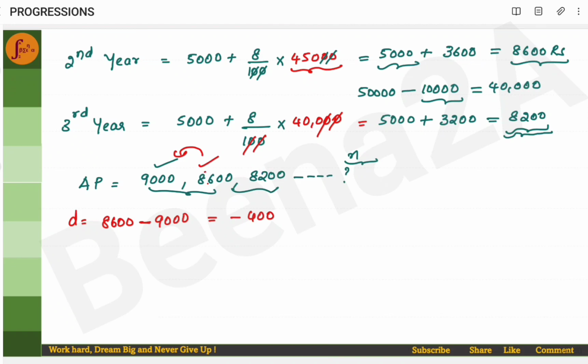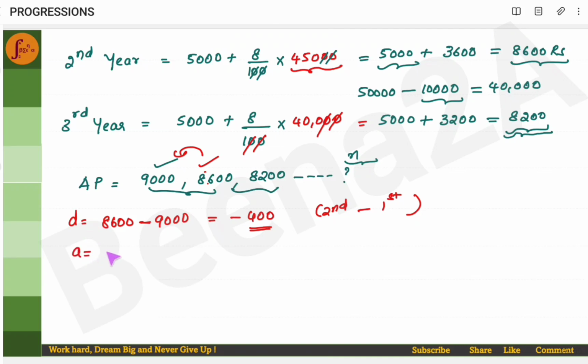Otherwise, if you take it as 9,000 minus 8,600, you will get plus 400, which is wrong. You will have to take it as 8,600 minus 9,000, which is minus 400. This plus and minus, if we get confused, the answer is going to be wrong. So always take second term minus first term. Okay. So D, the difference, is minus 400.